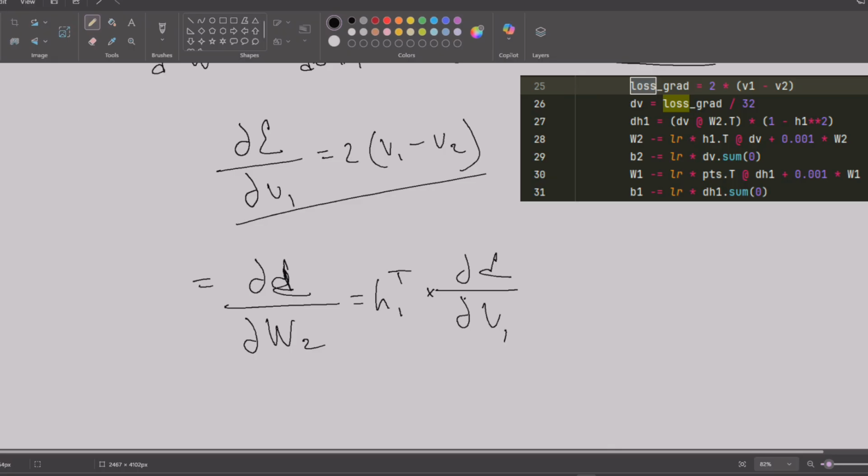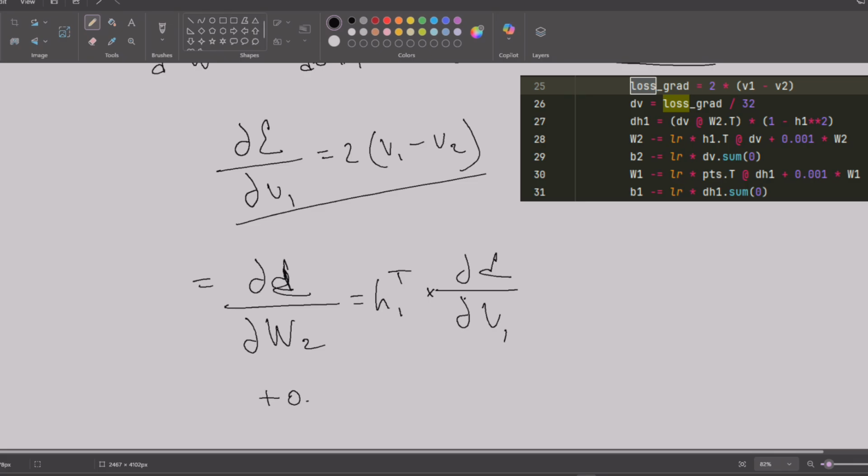So what this is doing is the transpose of H1 times the output gradient, that's the chain rule in matrix form. Then we basically just subtract it from the W2 value, scaled by the learning rate.